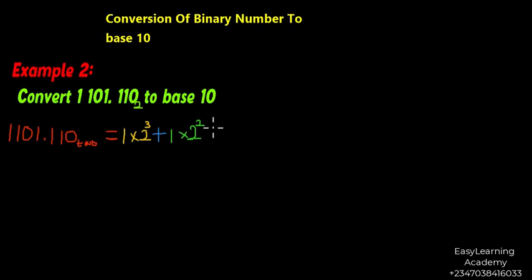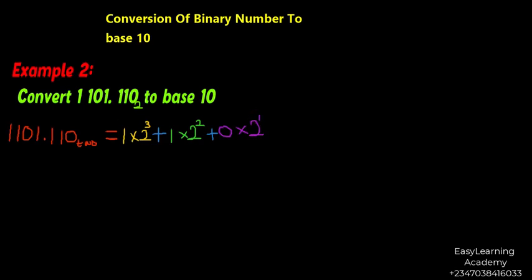Then do it for the next one. Plus the next digit is 0. So we have 0 times 2 raised to power 1.